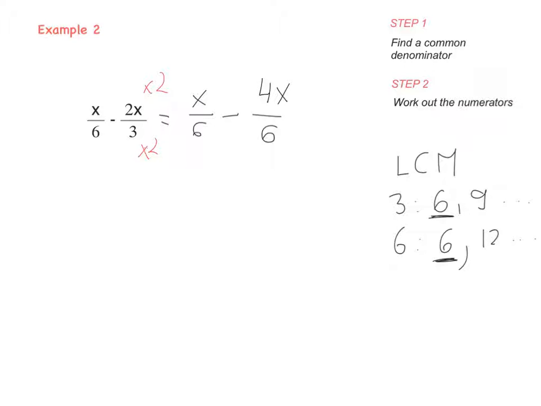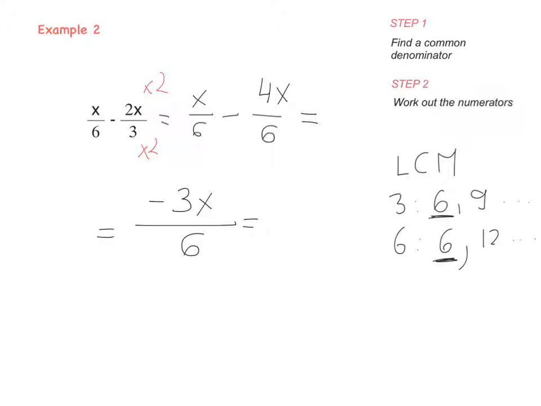Okay? Grand. And now just simply add it up or take it away. So x minus 4x is minus 3x. Okay? And here you can simplify it. You have 3 and 6.